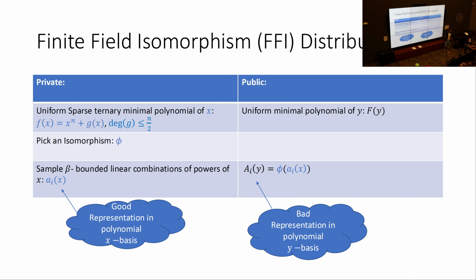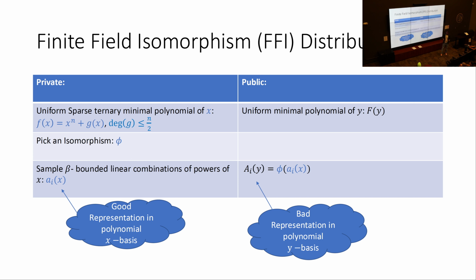Let's call it little f, whose one of the roots is x. And you have a public representation, which is a uniform irreducible polynomial of degree n. Let phi be an isomorphism from the first to the second representation.